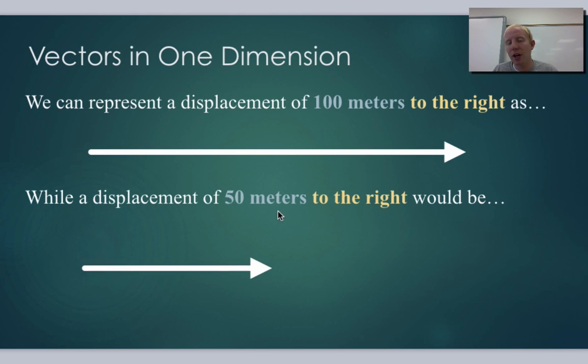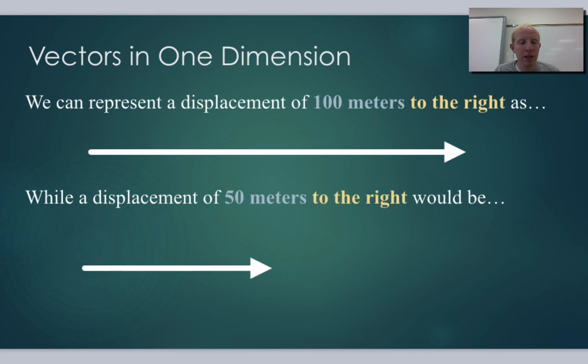So if we can, we try to represent vectors one-to-one, right? If it's talking in centimeters or whatever it is, try to represent them one-to-one, but if not, we just need to maintain some sort of scale. Okay, so if this is going to be 100 meters, then 50 meters needs to be half as long. Okay? And then we always draw the arrow, obviously, in the direction that is specified in the problem. Okay?